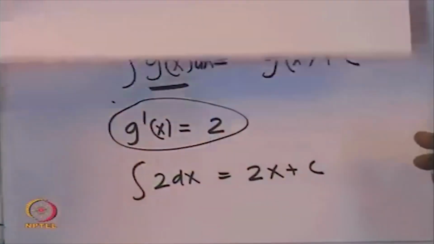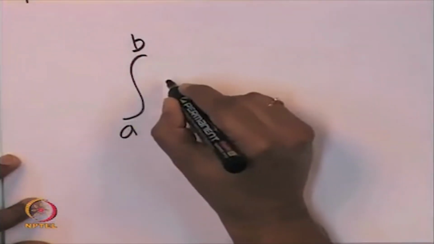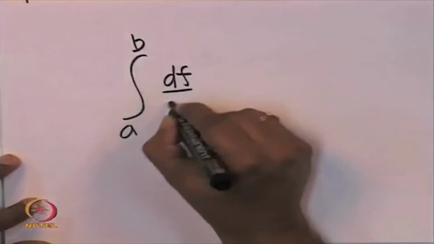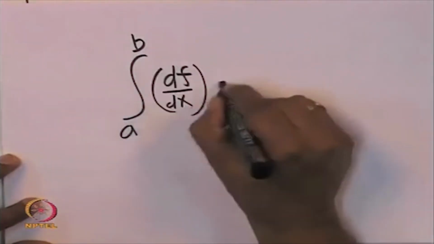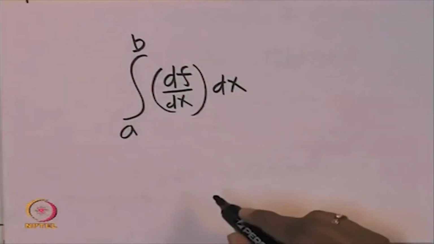We also said that you can calculate definite integrals, where we have two limits, let us say a to b of some function which is df by dx, dx. So your function is f prime.